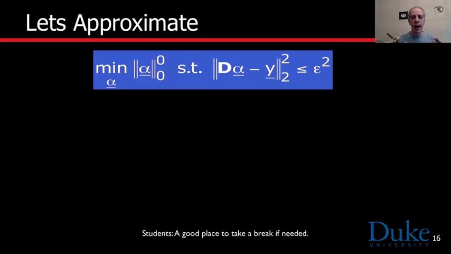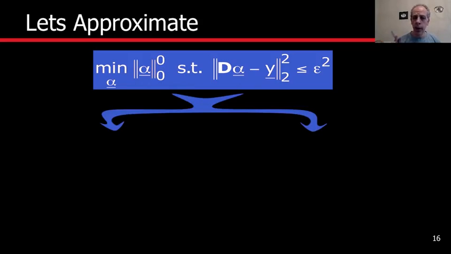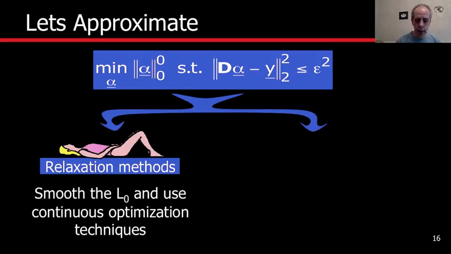There are actually a couple of fundamental ways to solve this problem, again, a good fitting with as sparse as possible a representation. One way is what's called relaxation methods. Can we change this for something that is solvable, something that we can actually do in our computer?